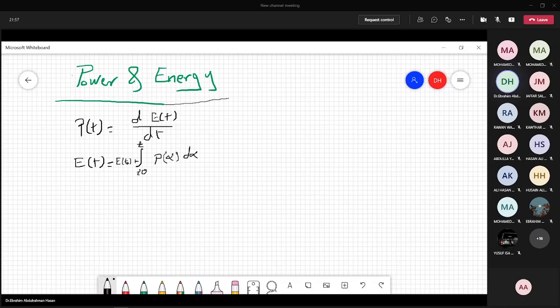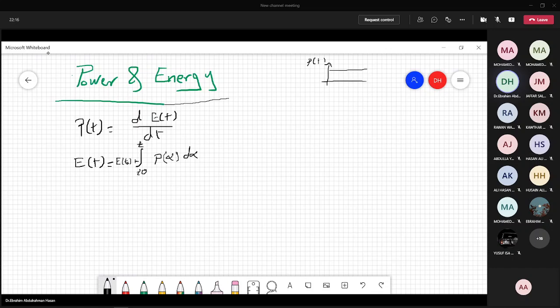If P is constant, it will be something like this. This is P of T. It means that voltage and current are constant, which means DC. We use a DC.